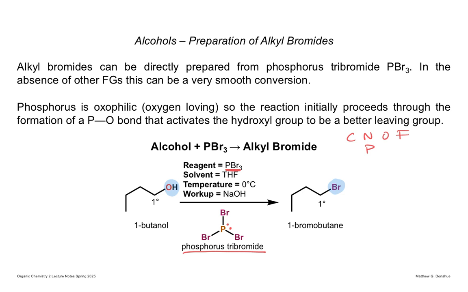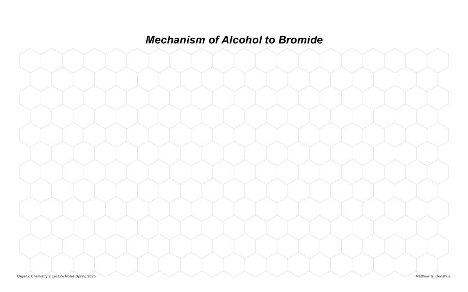And what do we got? Our mechanism. Really for this, since that phosphorus has 3 bromines, in terms of a stoichiometric ratio, you just need 1/3 of a mole for every mole of alcohol.